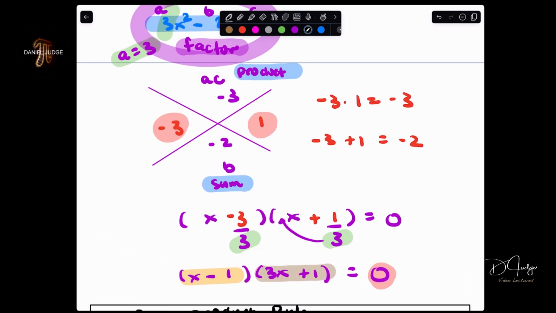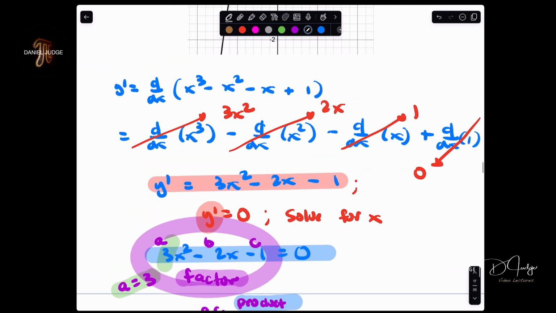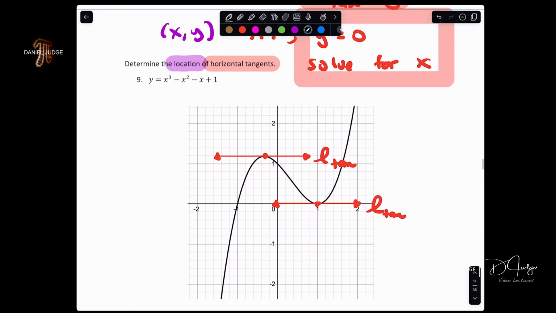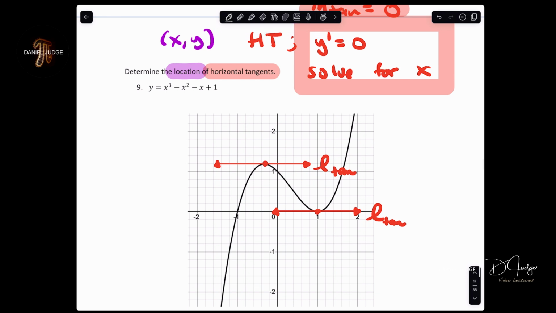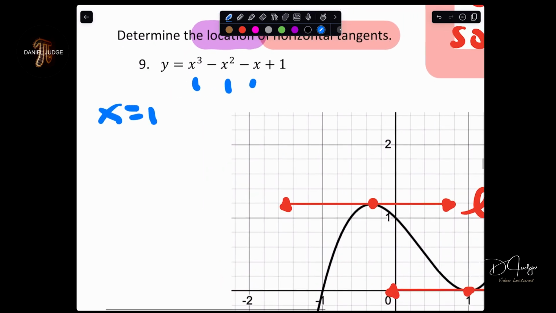All right, just looking for a few things here. Okay, now when x is 1, go back to the original equation. And that's what we're going to look at. We're going to find that location. When x is 1, let's find what y is. So just plug in a 1 for x. And so you get y being 1 cubed minus 1 squared minus 1 plus 1.